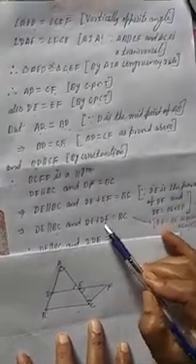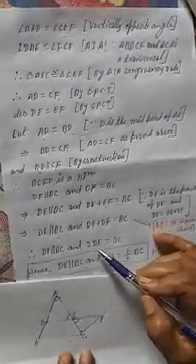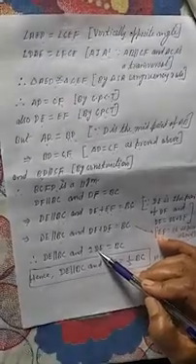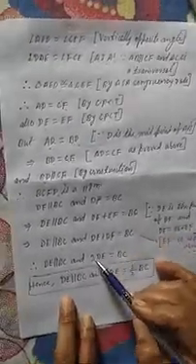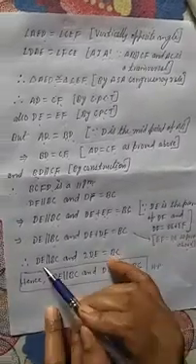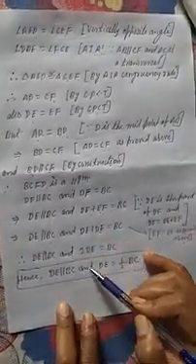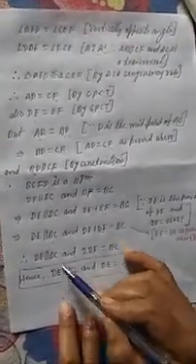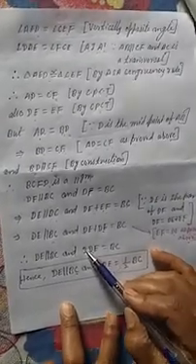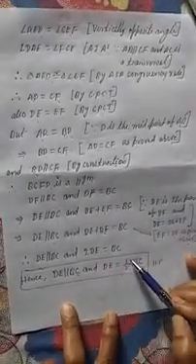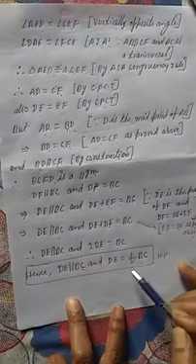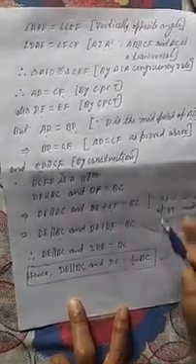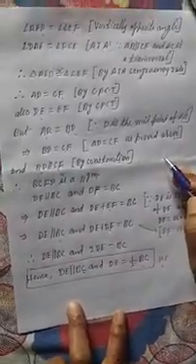So DE plus DE means 2DE. So 2DE equals BC, and DE is parallel to BC. So DE is equal to 1 by 2 BC. So hence this is proved. I hope you have understood this theorem.